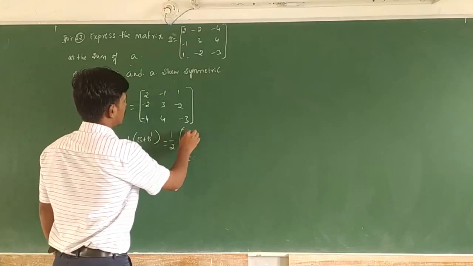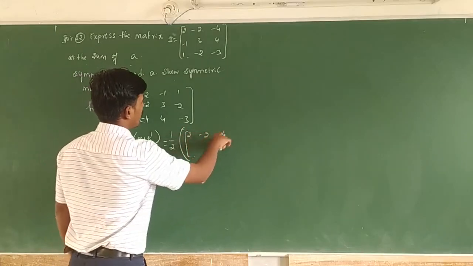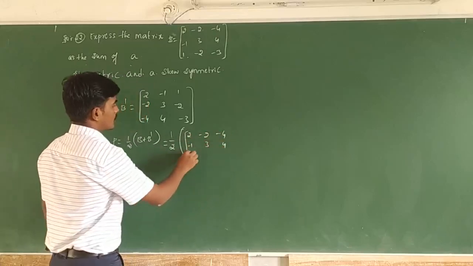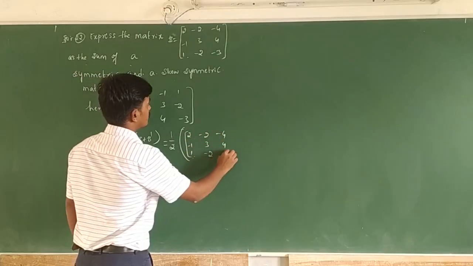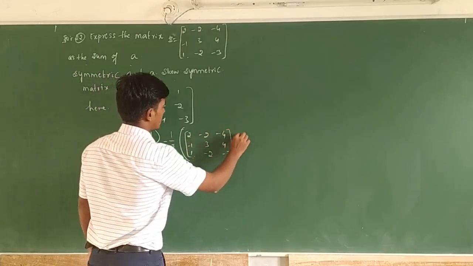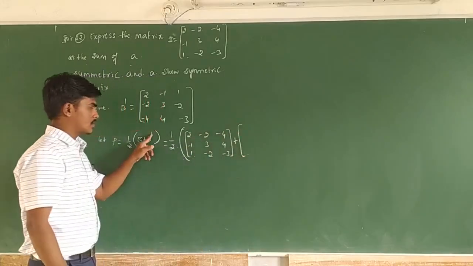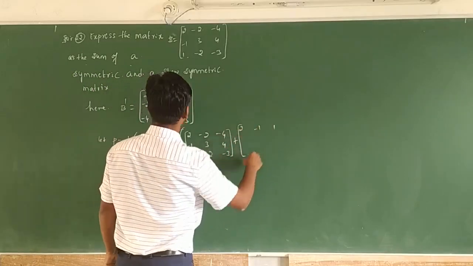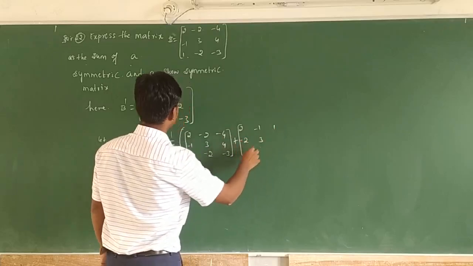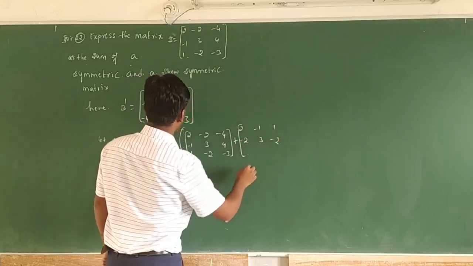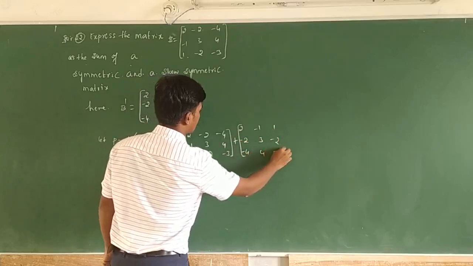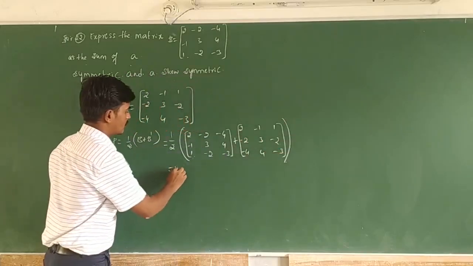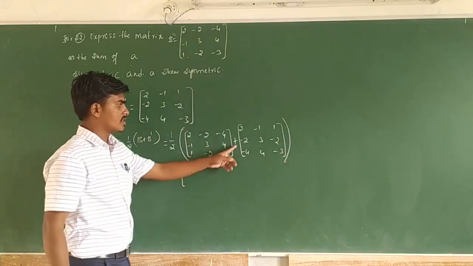P is equal to 1 by 2 of matrix B, which is given, 2 minus 2 minus 4, minus 1 3 4, 1 minus 2 minus 3, plus B transpose, which is 2 minus 1 1, minus 2 3 minus 2, minus 4 4 minus 3. I am applying addition operation to these two matrices.